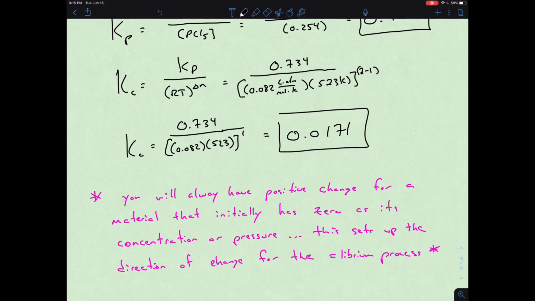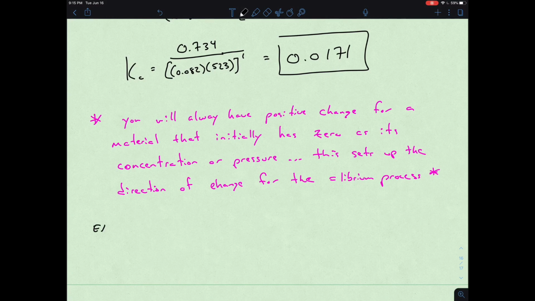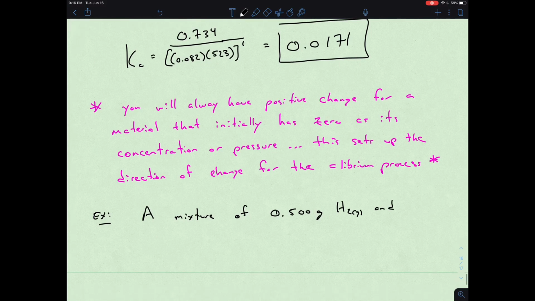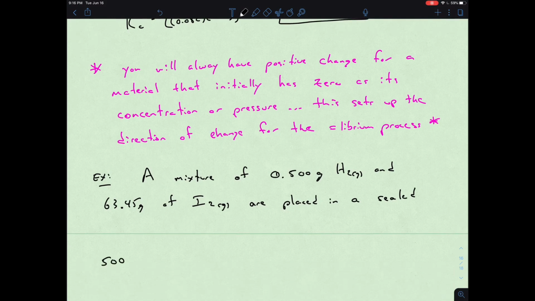So let's do one more example. Here we have a mixture of 0.5 grams of hydrogen gas and 63.45 grams of iodine gas placed in a sealed 500 milliliter vessel and heated to 703 Kelvin.